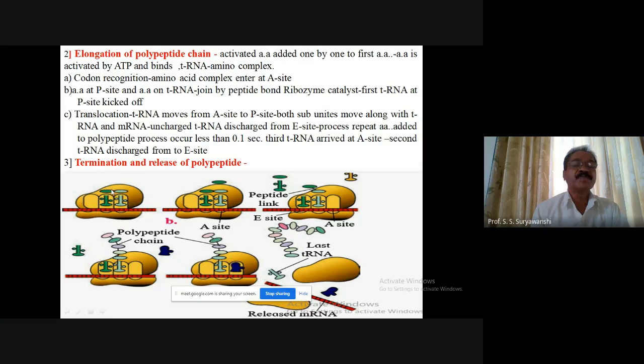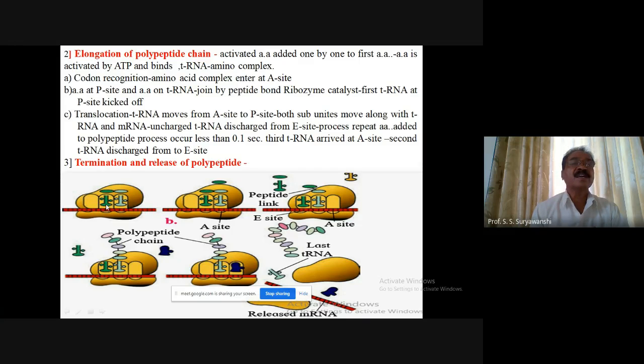So in this way, after formation of the peptide bond, the first amino acid brought by the first tRNA joins with the other amino acid brought by the second tRNA. Okay, so in this way this process takes place.